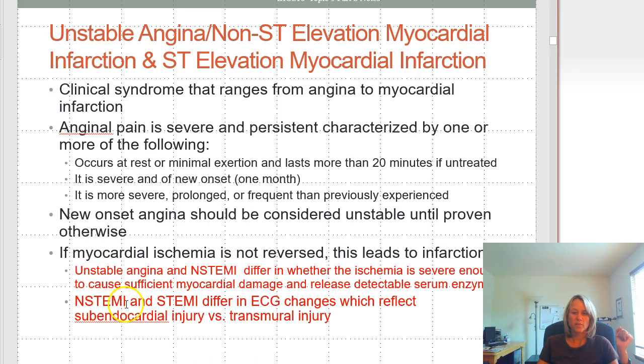Non-ST elevation MI and ST elevation MI differ in ECG changes, so ST elevation or non-ST elevation, which reflect whether the injury was just subendocardial versus transmural injury across the whole thickness of the wall.